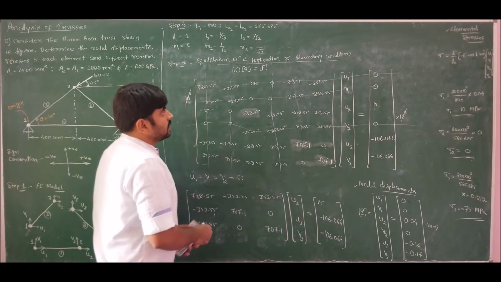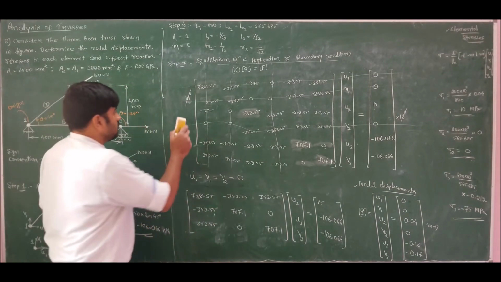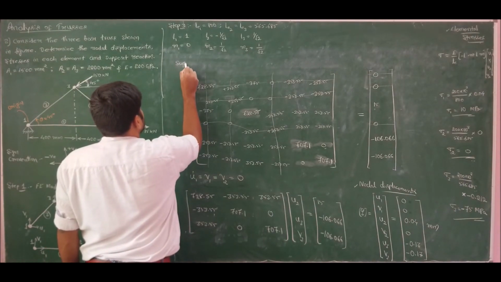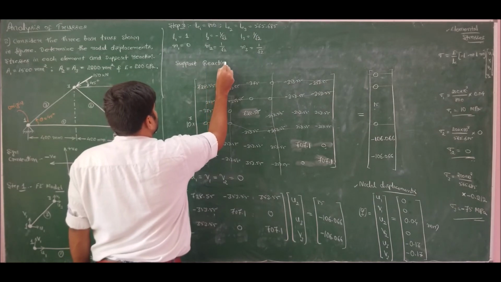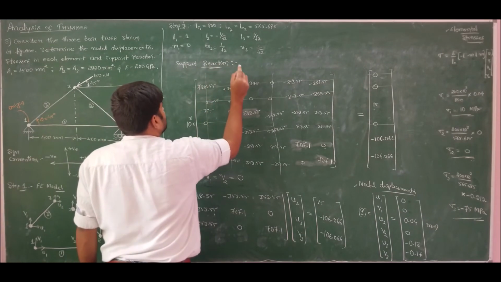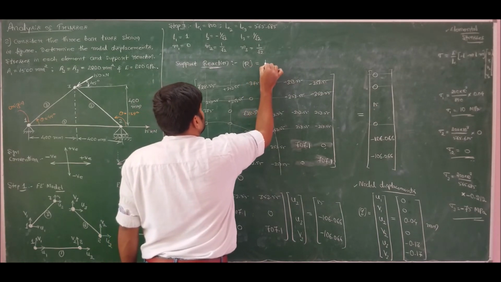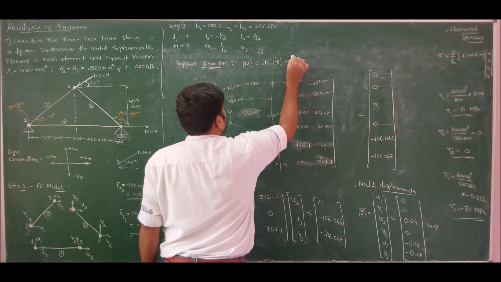Now finally I should calculate the support reaction. Coming for support reaction, from the elimination method we have the formula for support reaction. R is given by K matrix into Q matrix minus F matrix.